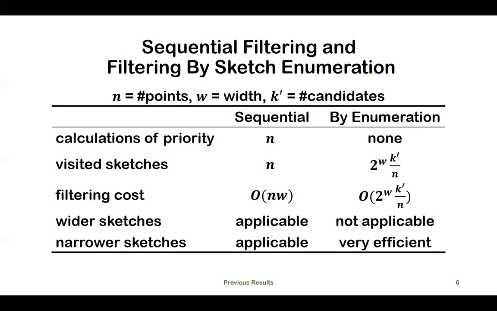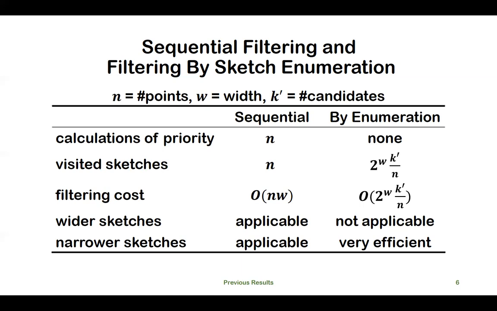This table compares them. N is the number of data points, W is the width, and K prime is the number of candidates to be obtained by filtering. In sequential filtering, all the priorities are calculated. The cost is order of NW.